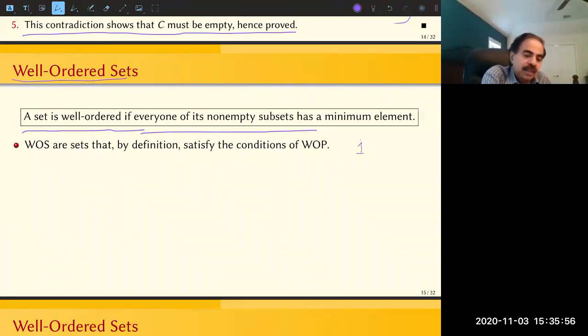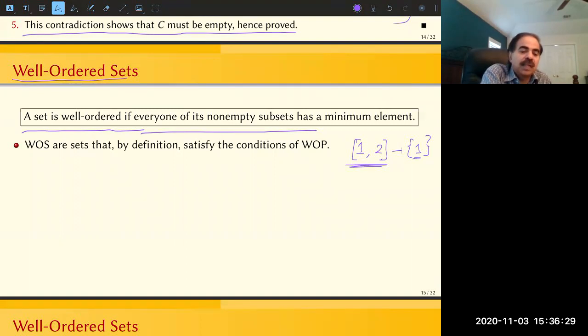So for instance, let's take this: the set of real numbers between 1 and 2. Now, if you remove 1 from it, you get a subset of this interval of real numbers 1 to 2.